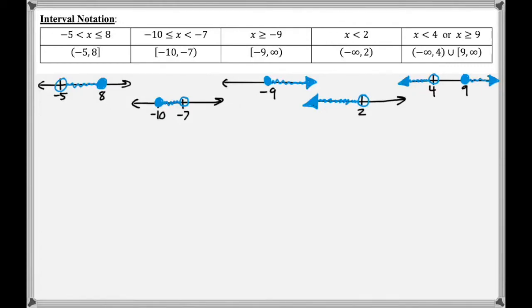This section is on polynomial and rational inequalities, and our answers in this section are going to be in interval notation. Interval notation is a way to describe an inequality.